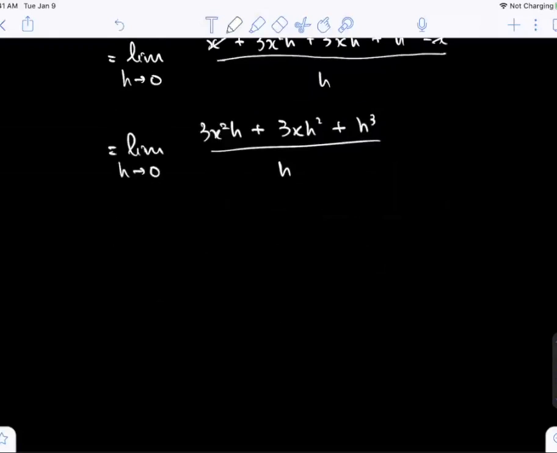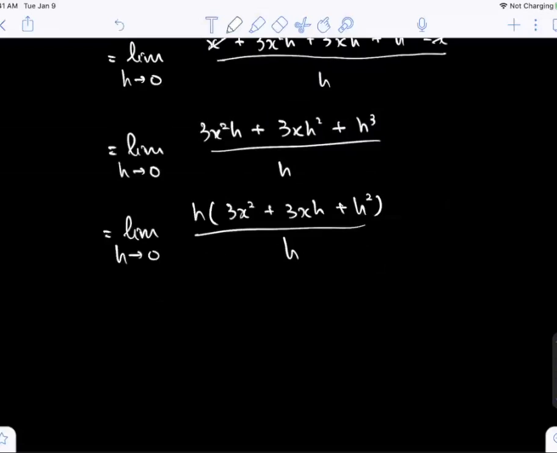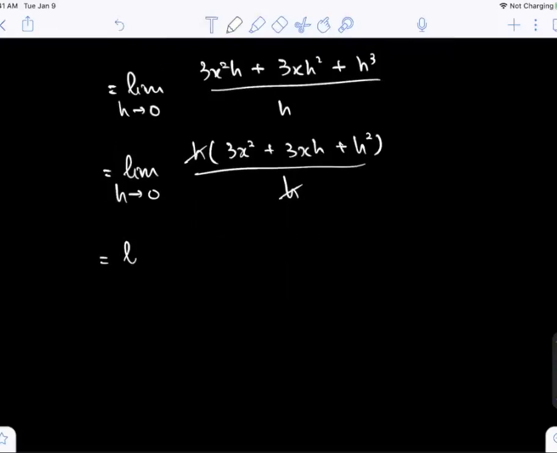Now you can take h as the common factor in the numerator: 3x squared plus 3xh plus h squared, divided by h. So h simplifies. Now you let h approach 0, and you have 3x squared.